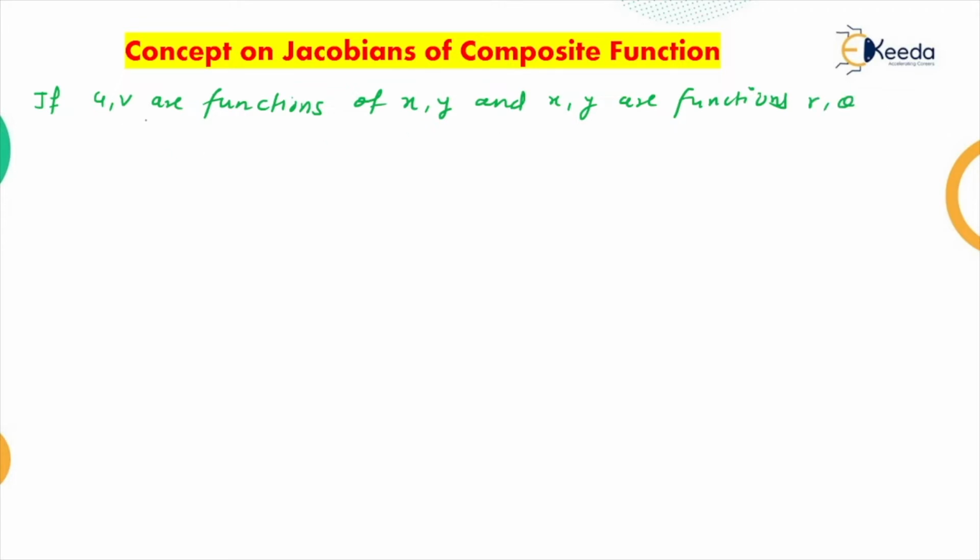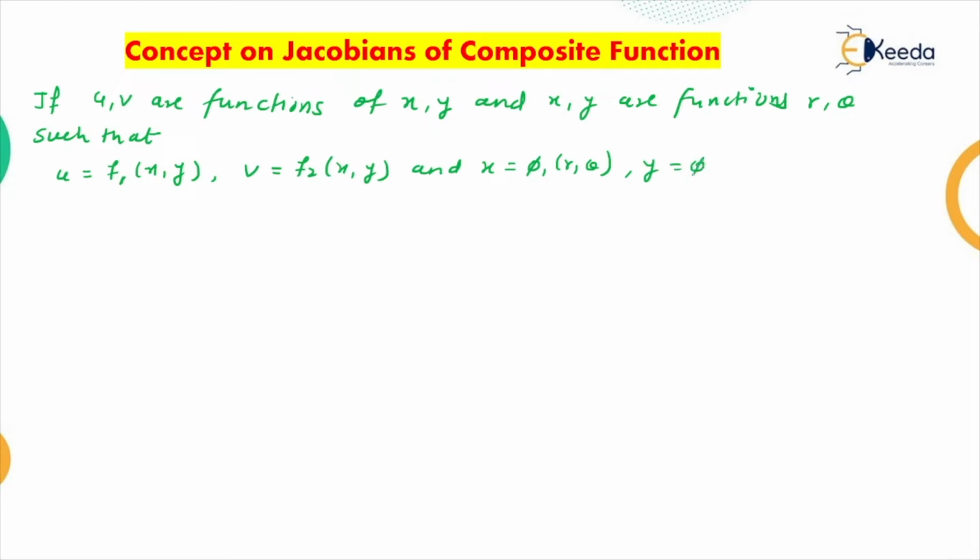Suppose u is a function f1 of x, y, v is also a function f2 of x, y, and x, y are functions of r and theta, meaning x is equal to phi 1 of r, theta and y is equal to phi 2 of r, theta.